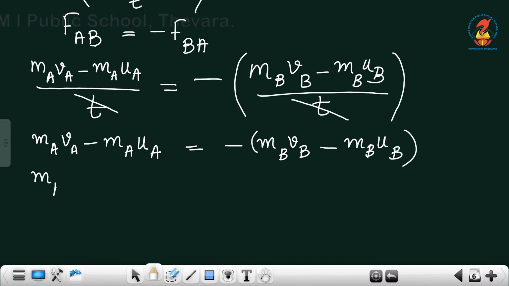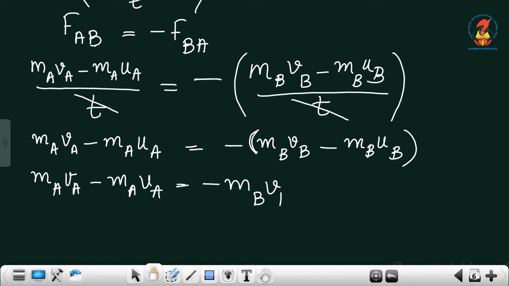Now, in the next step, let us open the bracket. Minus of MBVB, that is minus MBVB. Now, minus into minus becomes plus, plus MBUB.